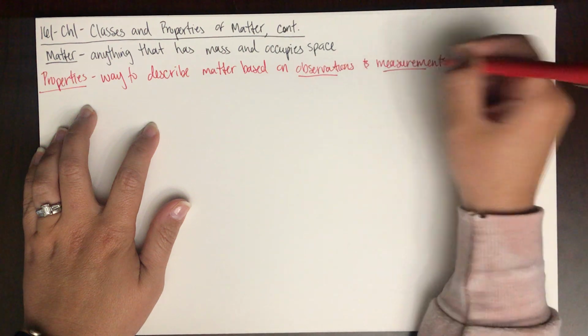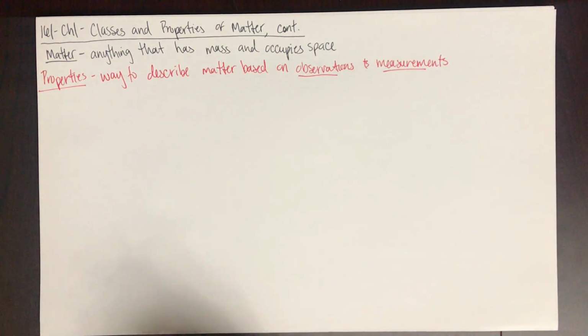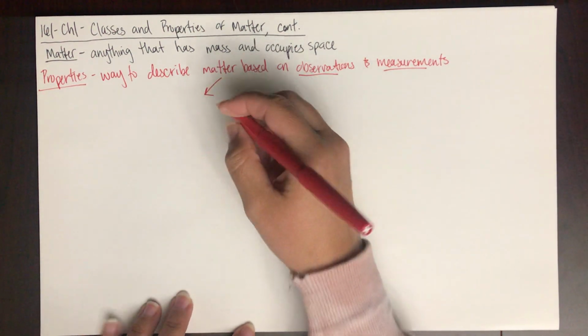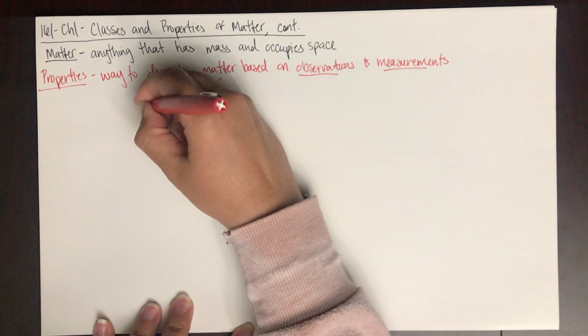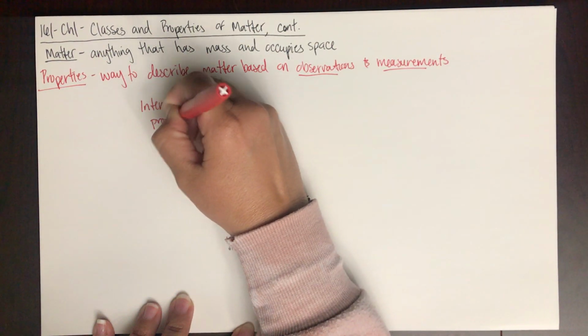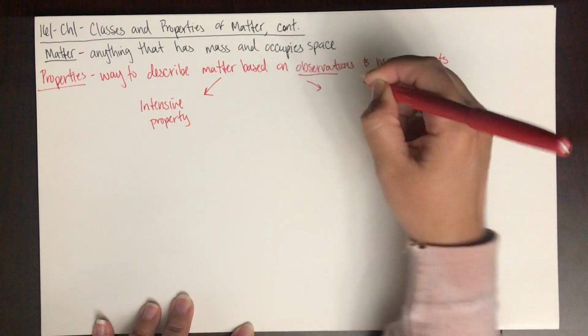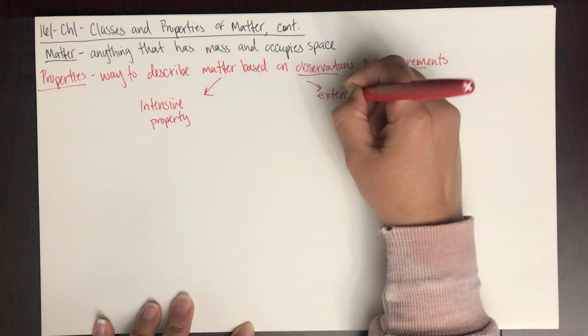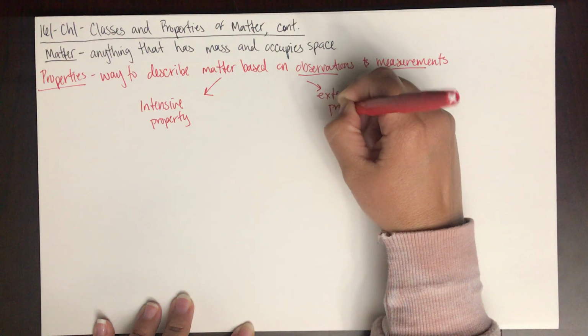There are two types of properties that we're going to talk about in this class: what's called an intensive property and what's called an extensive property.